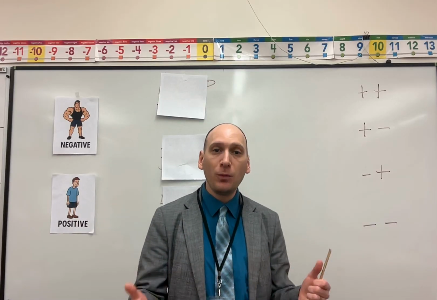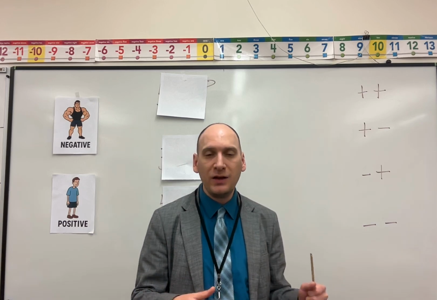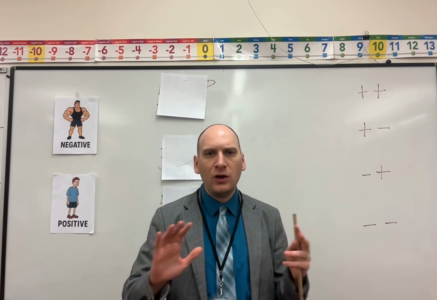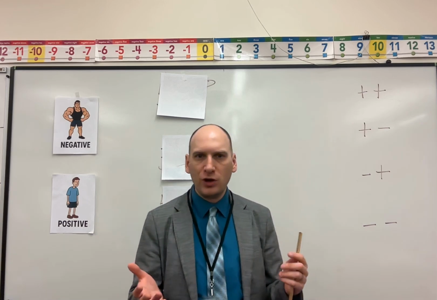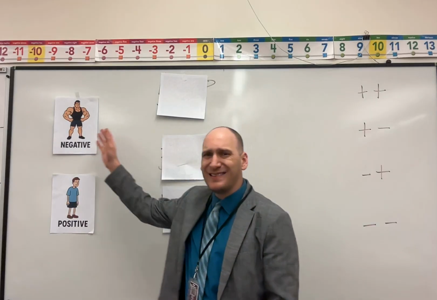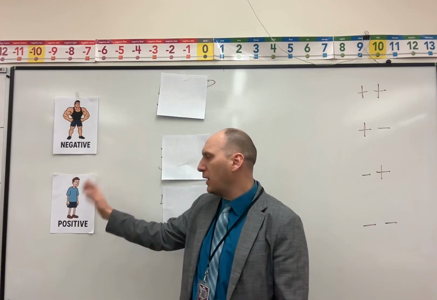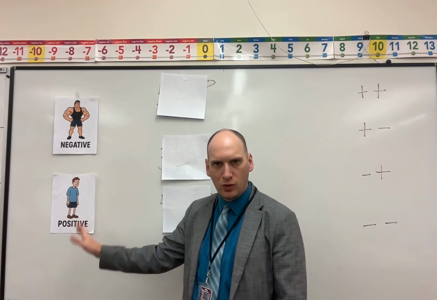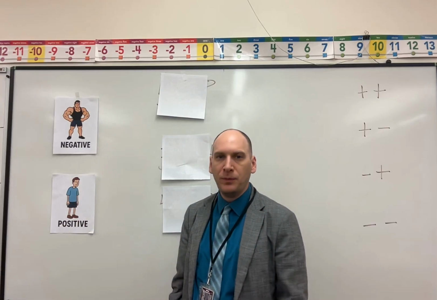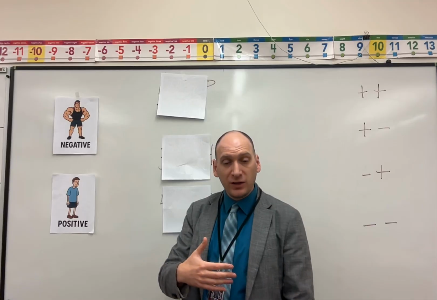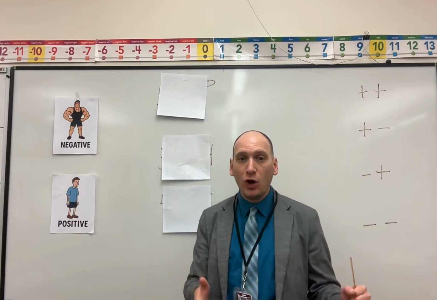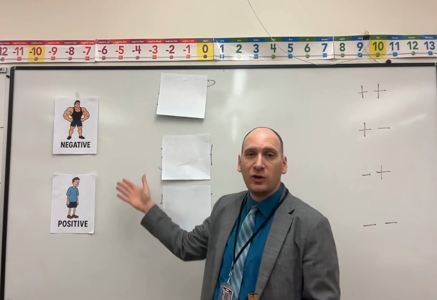And what's going to be helpful as you work on this content is just a cute little trick on how to remember which direction you go. And I like to think of it as negative numbers are big and strong and powerful, and positive are weak and scrawny and not very powerful. So one easy way to think of this is to think about people that you know that are either representing negatives or positives.